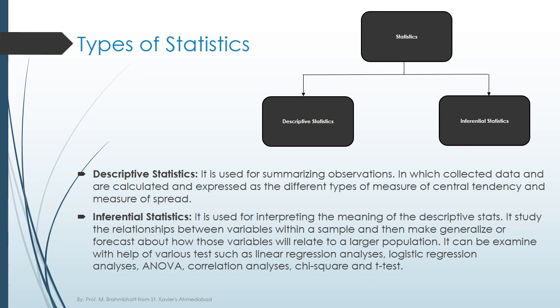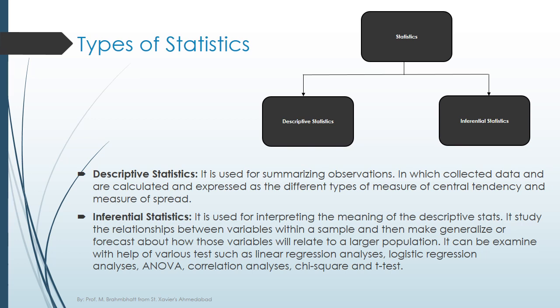Inferential statistics is used to interpret the meaning of descriptive statistics. In other words, it is used to produce a right conclusion from the statistical analysis that has been performed using descriptive statistics.